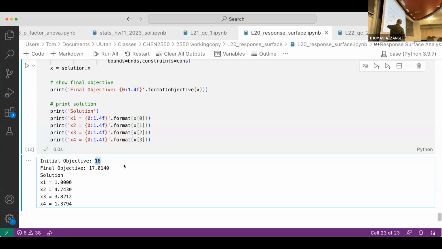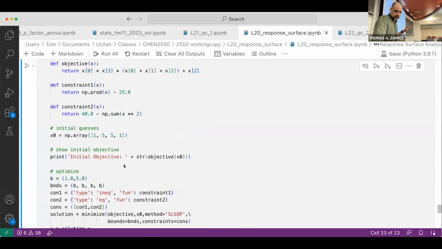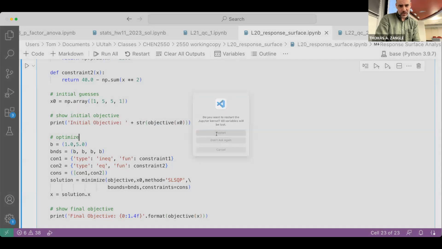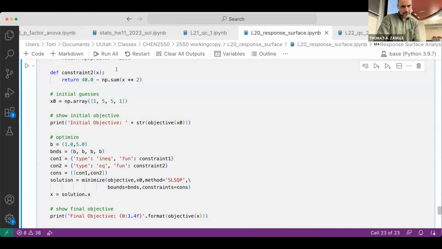Our final value was 17 with this solution, meaning that we had found something which is larger than our initial guess. So this was the objective, meaning we found something that is greater than what we put in.